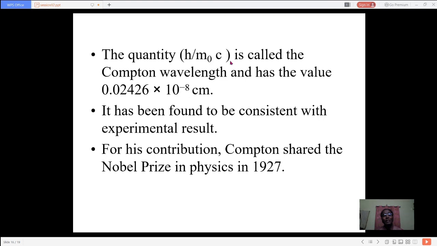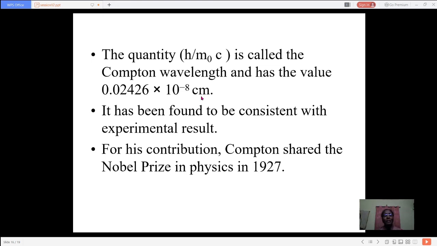Substituting the values, the result is 0.02426 into 10 raised to the power minus 8 centimeters.